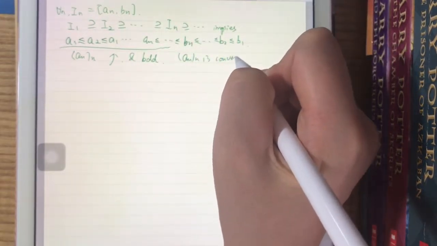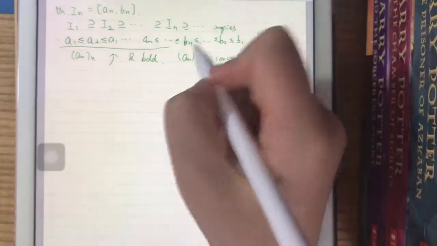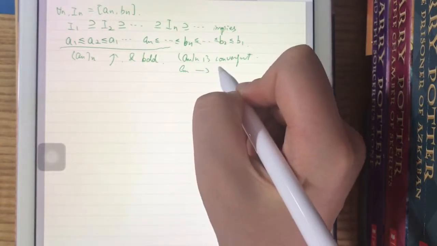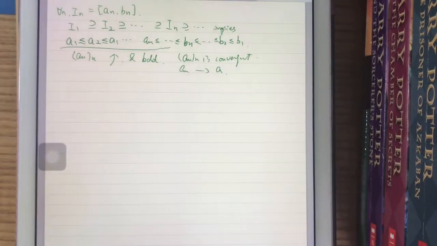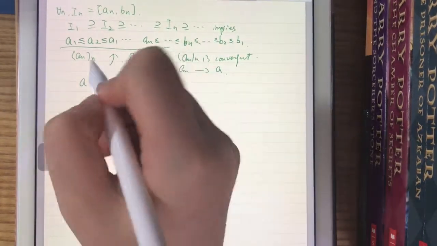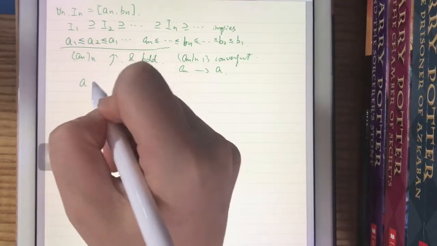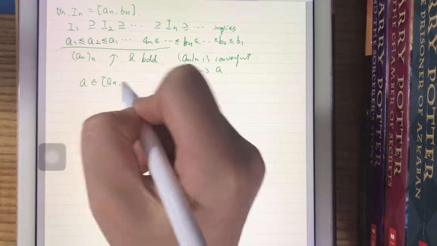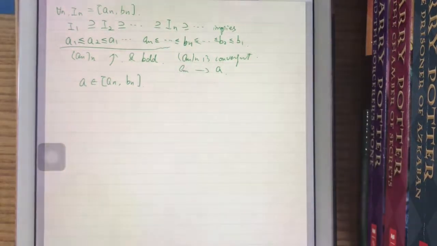Right? And say a_n converges to A. So we know that A must be contained in each interval A_n to B_n, right?